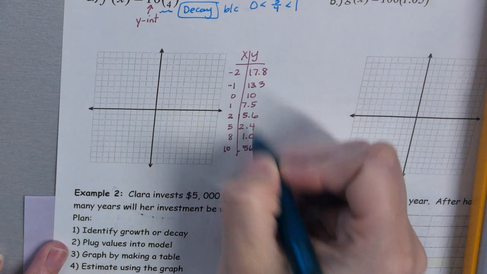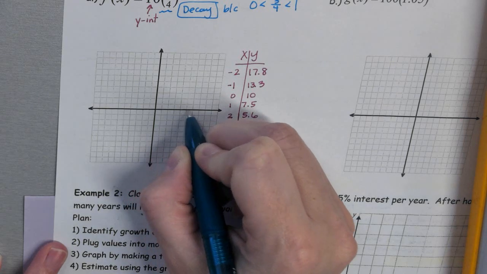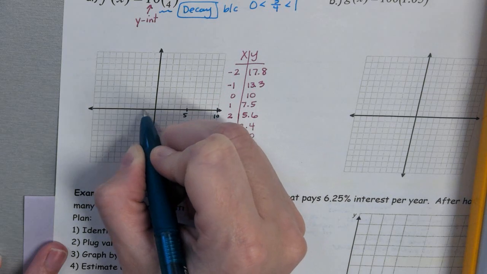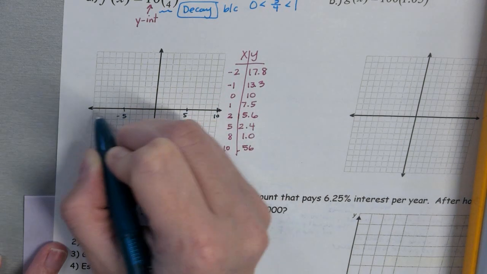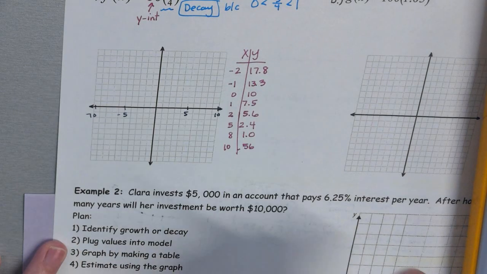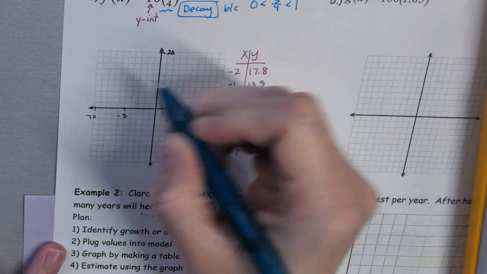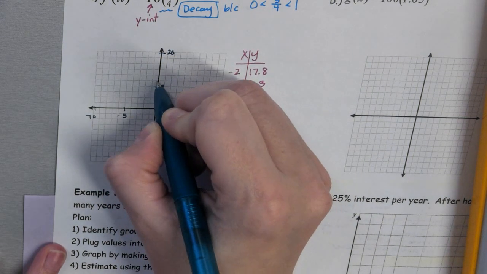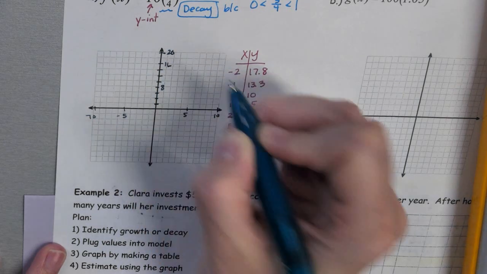So on the x's I'm going to go by ones. What should I go by on the y's? Yeah, if I go by 2, that's going to get me up to 20. I like that. 2, 4, 6, 8, 10, 12, 14, 16.